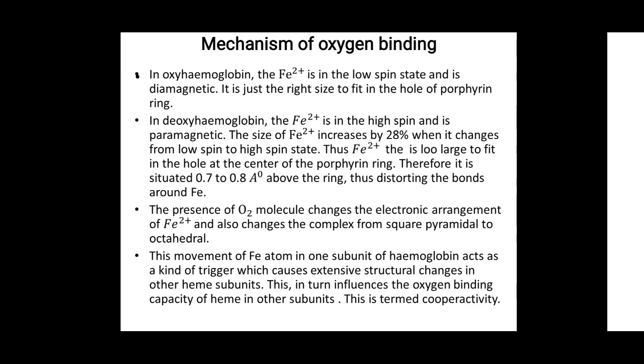As a result, when one heme unit binds with oxygen, all of them will bind with oxygen, since the first binding will trigger the other heme units to combine with oxygen, and this is called cooperativity.